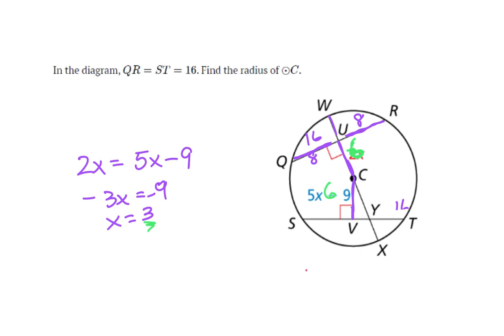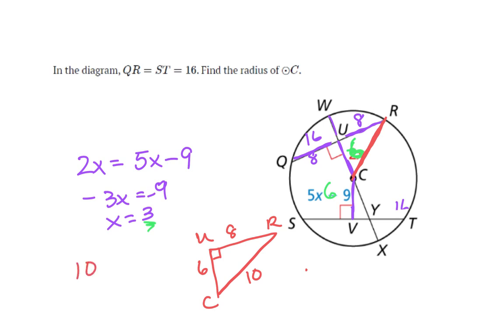I'm going to draw a radius like this. What we have to get used to is drawing it to the best possible point. And now what I have is a right triangle, URC, and its legs are 6 and 8. A little Pythag gets me that CR is 10. So our radius of circle C is 10.